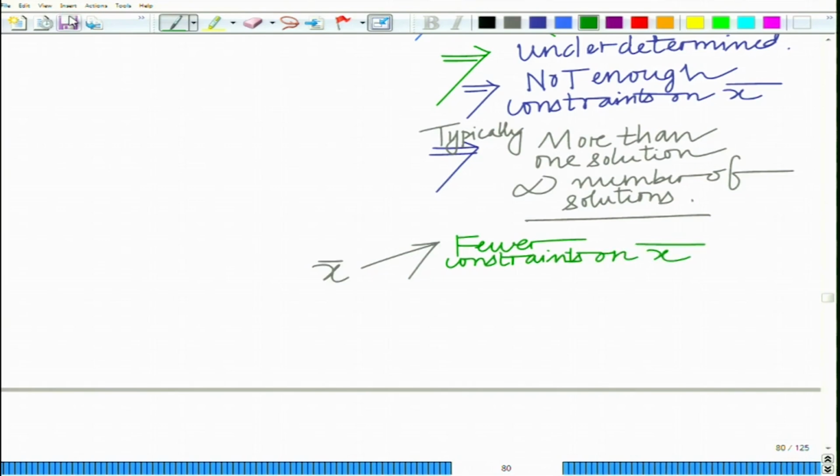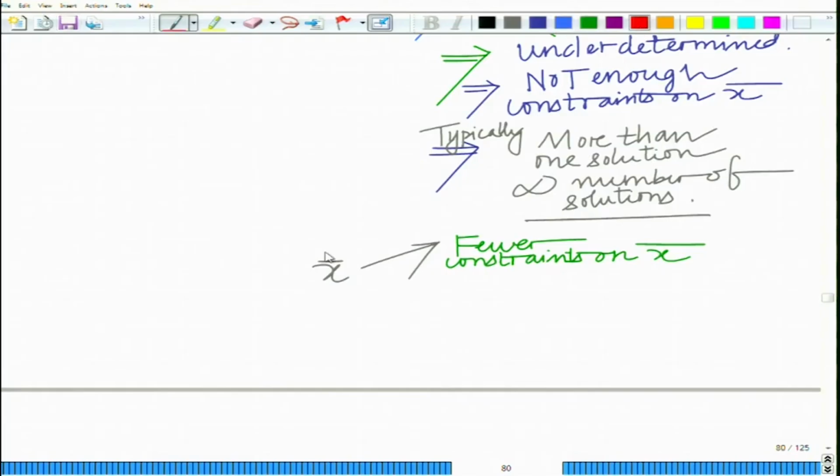And therefore, how do you determine x bar? You have to additionally constrain x bar. Naturally, if there are fewer constraints, the only way to fix x bar or determine a plausible value of x bar is to introduce additional constraints.